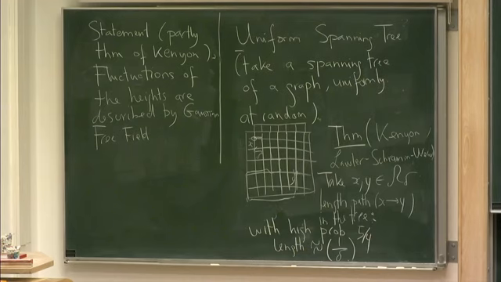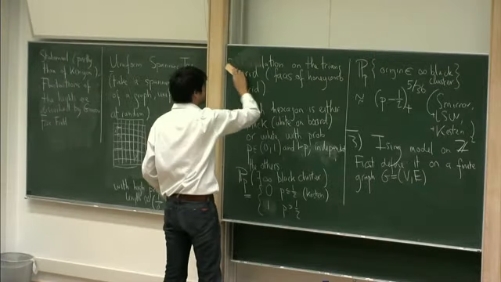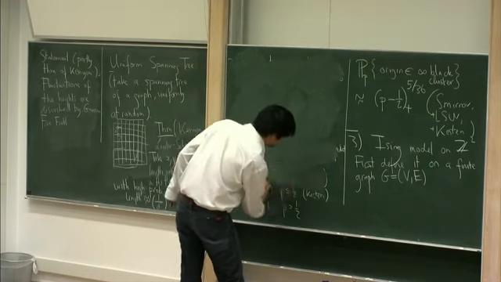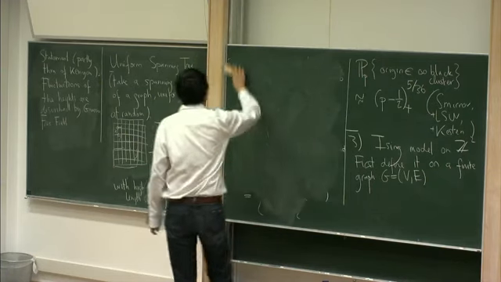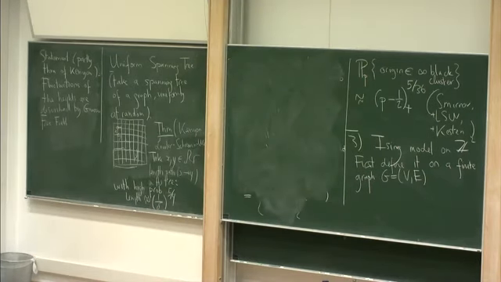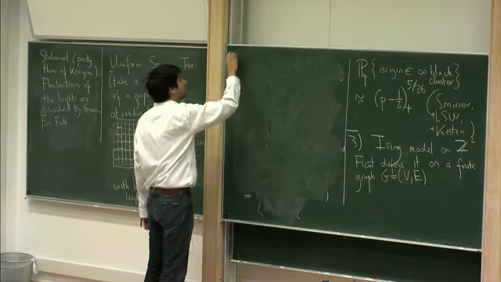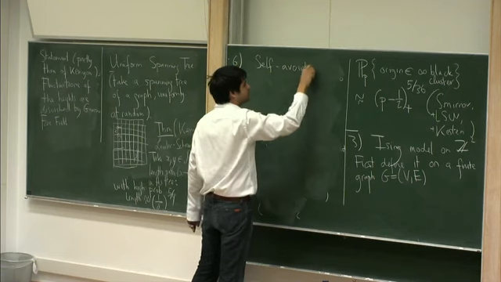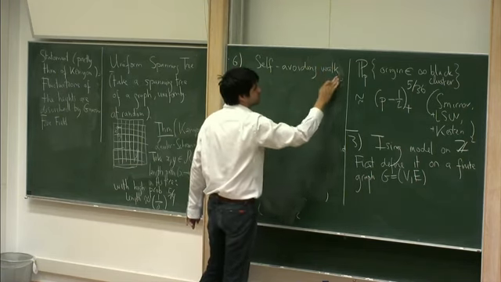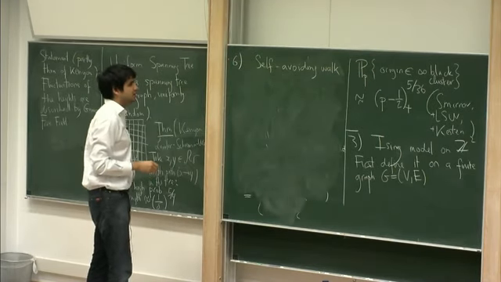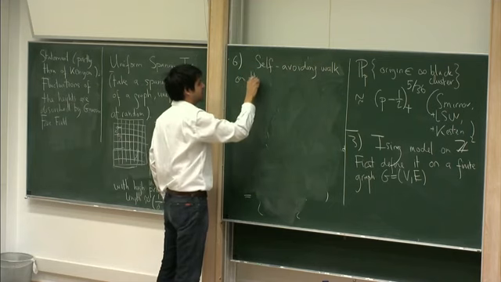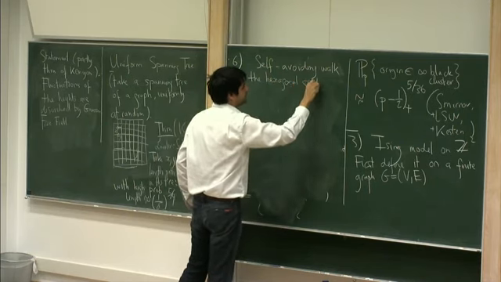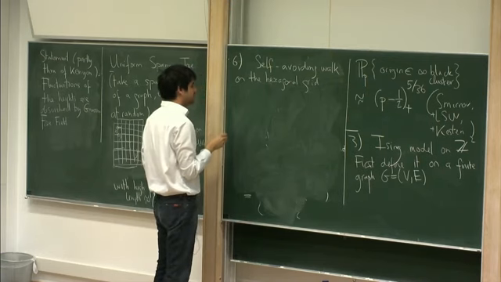One last model to conclude this short overview. Self-avoiding walk. Also sometimes known as the self-avoiding polymer, of the hexagonal grid, the honeycomb lattice, same. So what is it?